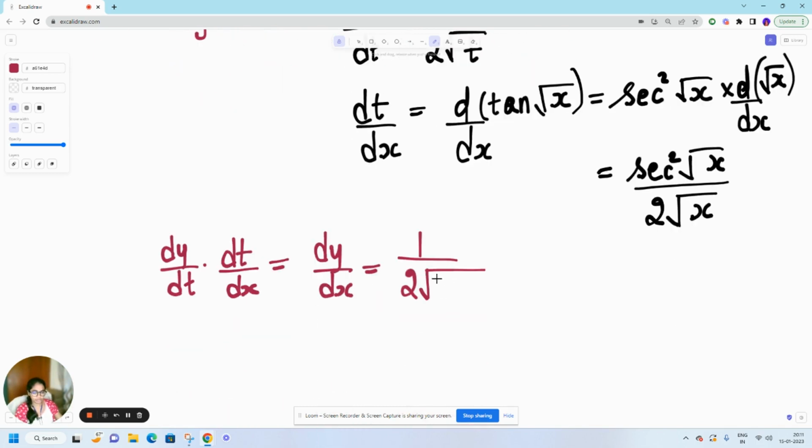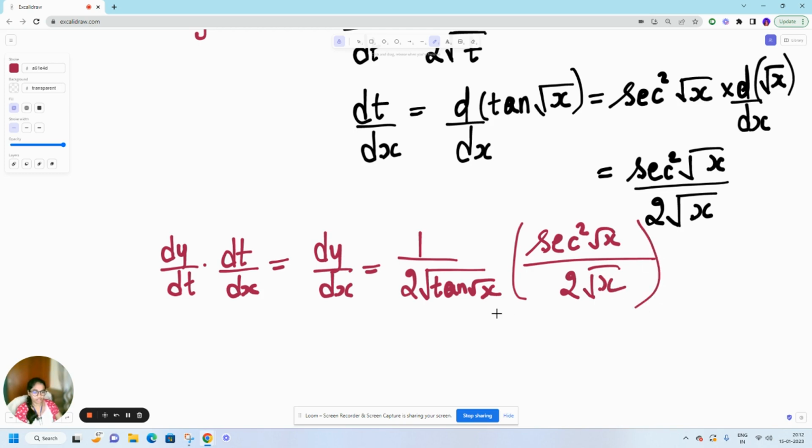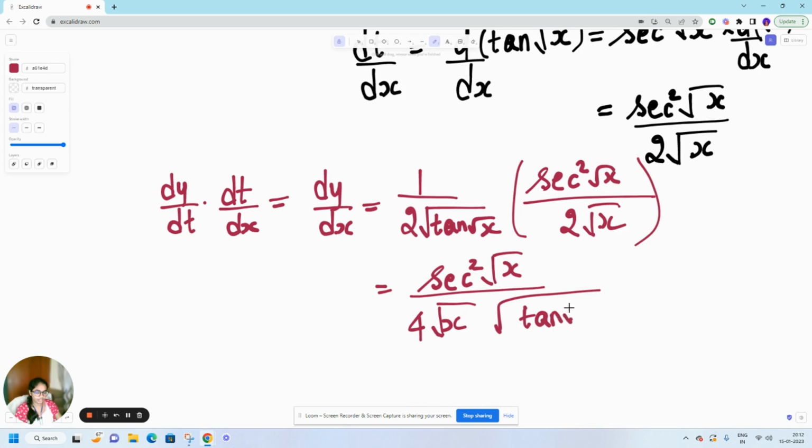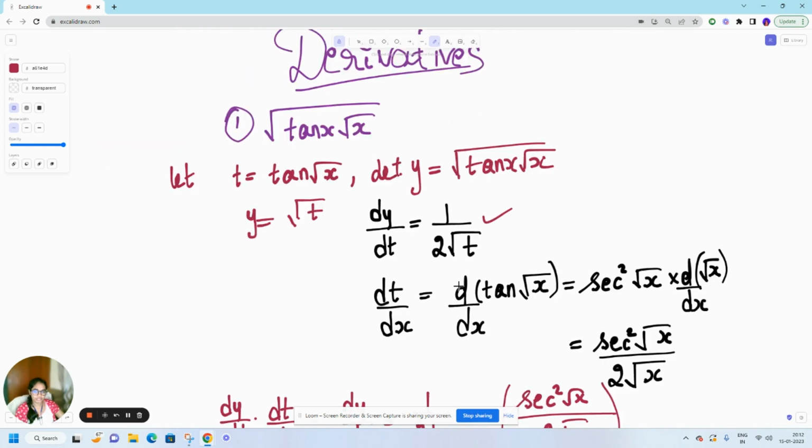Let me substitute that, and substitute the dt by dx value, that is secant square root x divided by 2 root x. Let me write one more step: the numerator remains as it is, secant square root x, divided by 2 twos are 4 root x into square root of tan root x. This is our final answer to the given question.